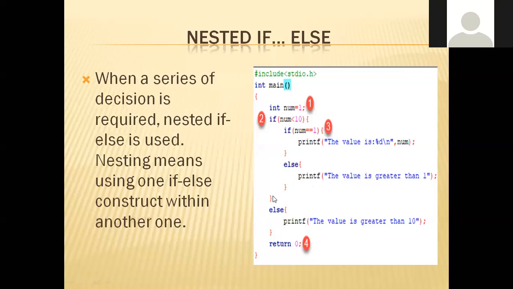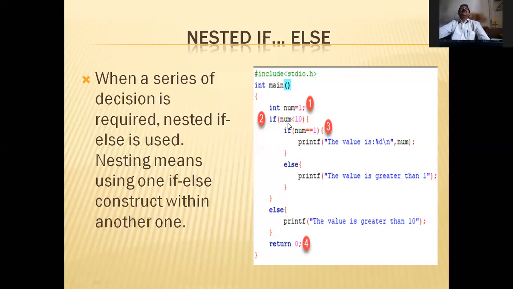And the outer if has another else where the value is greater than 10. If the given value is greater than 10, it goes to the else part. We have not given the num value here as input, but num is declared as a constant value of 1.